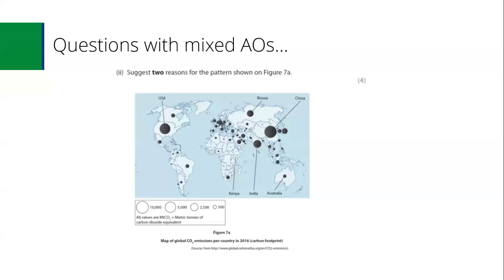So if you give an explanation, it's important that you give some form of justification for that, or exemplification. In this case, you could say China because of its massive industrial base or something like that. So there is an understanding that you can apply your knowledge to the actual resource.